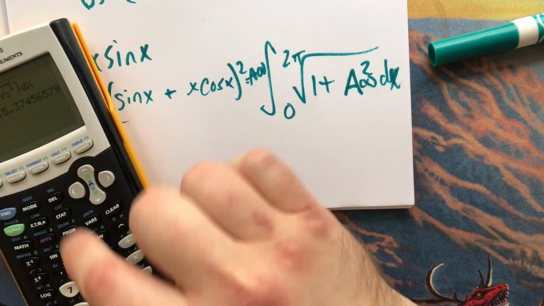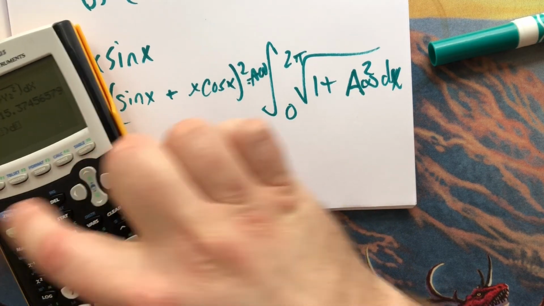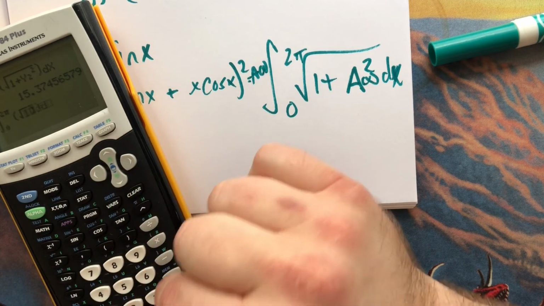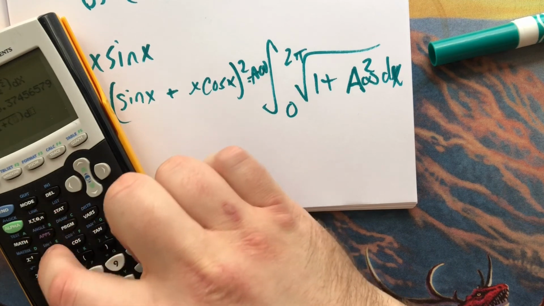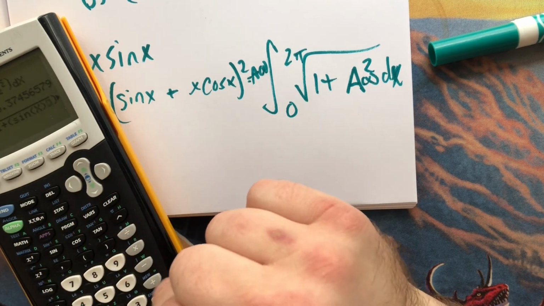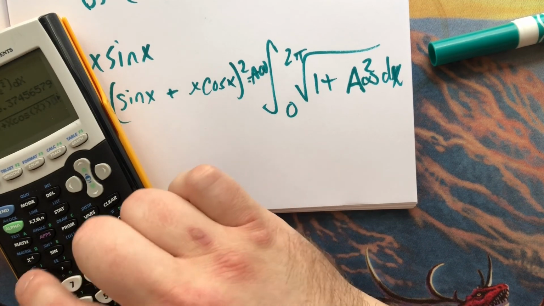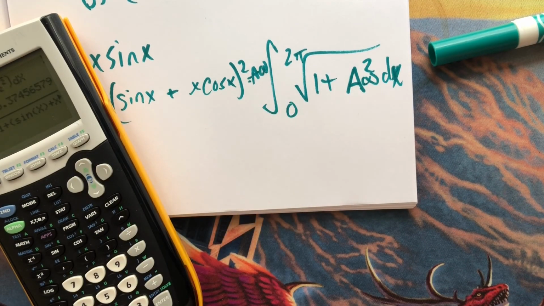That should work instead of having to go from 0 to 2 pi of the square root of 1 plus parentheses sine x, close the parentheses, plus x cosine x, close parentheses, squared dx.